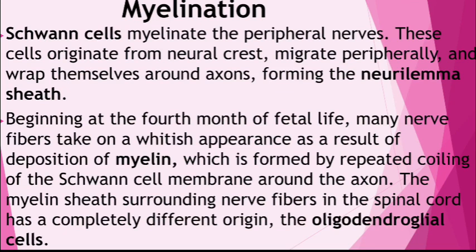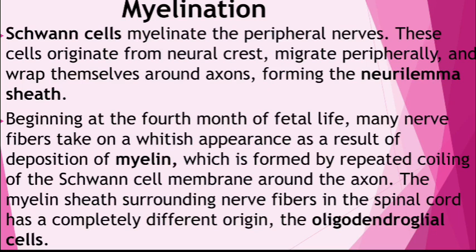Now I need to talk about myelination. Remember, Schwann cells differentiate from the neural crest cells. So the Schwann cells myelinate the peripheral nerves. They migrate peripherally and wrap themselves around axons, forming the neurolemma sheath.